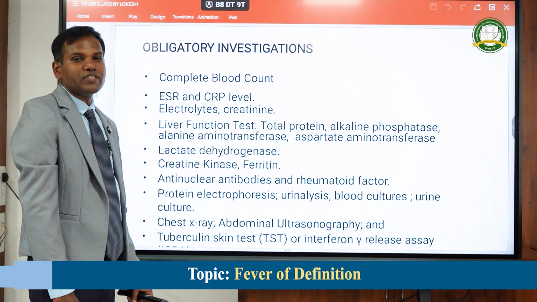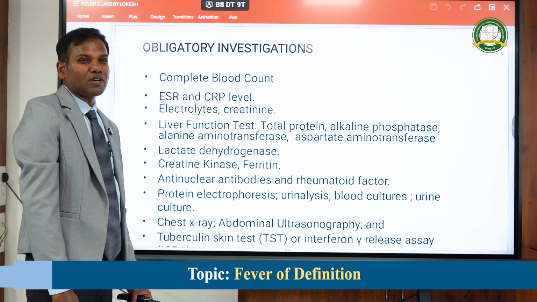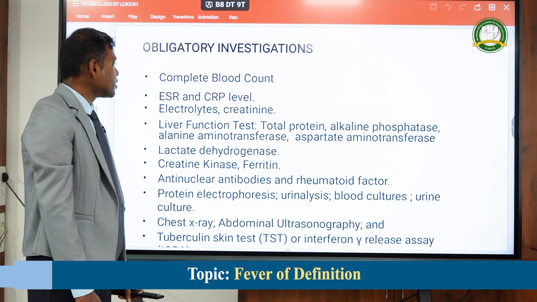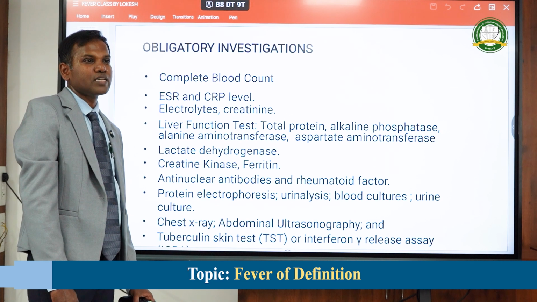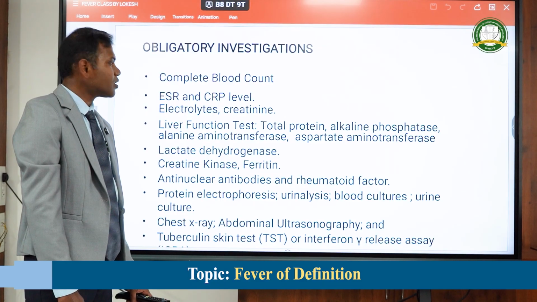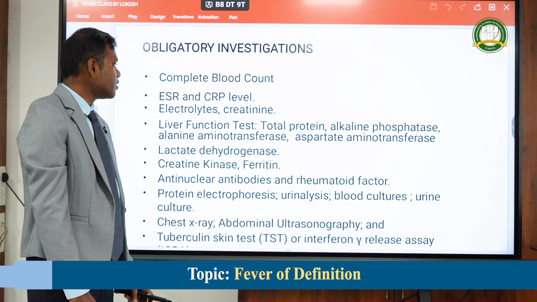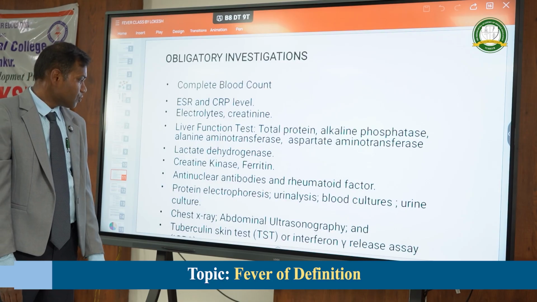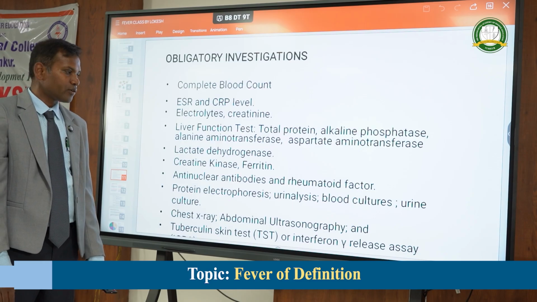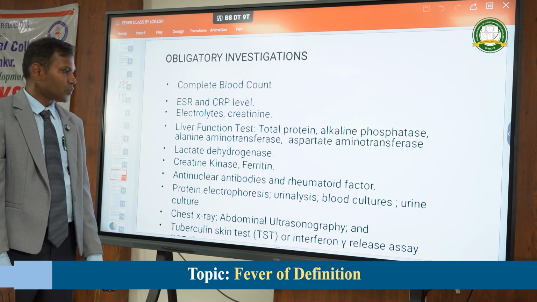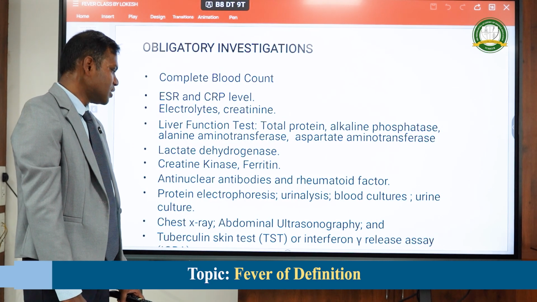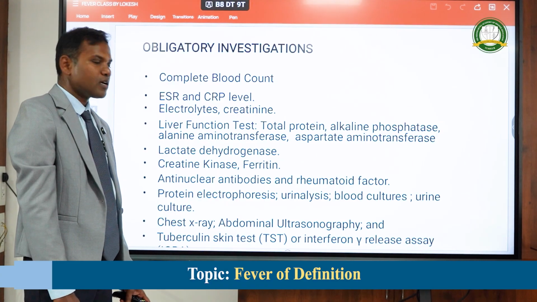So what are the obligatory investigations which you require in pyrexia of unknown origin? The commonest is complete blood count, then ESR, erythrocyte sedimentation rate, and C-reactive protein levels, serum electrolyte levels, blood urea, serum creatinine, liver function tests, lactate dehydrogenase, creatine kinase, ferritin, antinuclear antibodies and rheumatoid factor, protein electrophoresis, urine analysis, blood culture and urine culture, chest X-ray, abdominal ultrasonography, and tuberculin skin test or interferon gamma release assay.